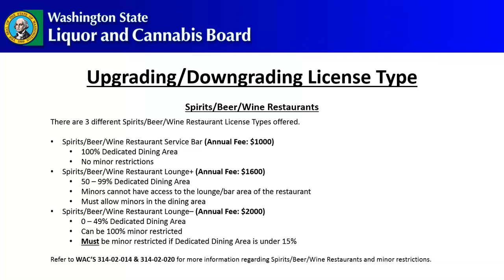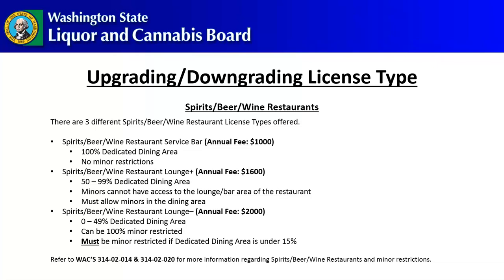The Lounge Plus license requires 50 to 99% dedicated dining, and you must allow minors in the dedicated dining area. There will also need to be barriers up separating the bar or lounge from the dining, and as we discussed earlier, the barriers must be a minimum of 42 inches high.